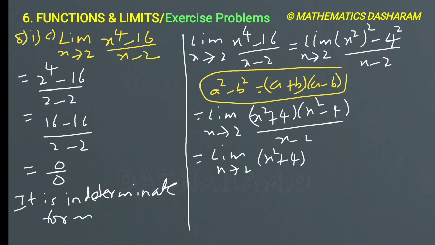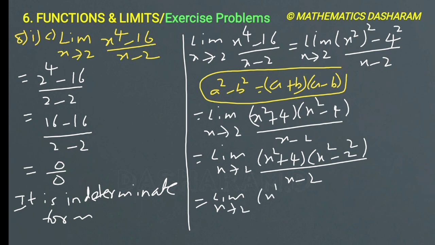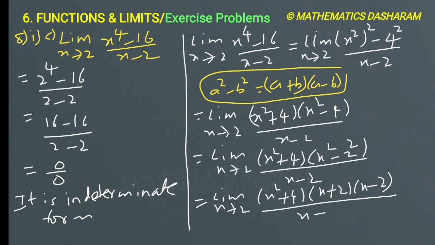Here x square minus 4 can be written as 2 square, divided by x minus 2. So once again apply the a square minus b square formula. So (x square plus 4) and here (x plus 2) into (x minus 2), divided by x minus 2. Here x minus 2 cancel.